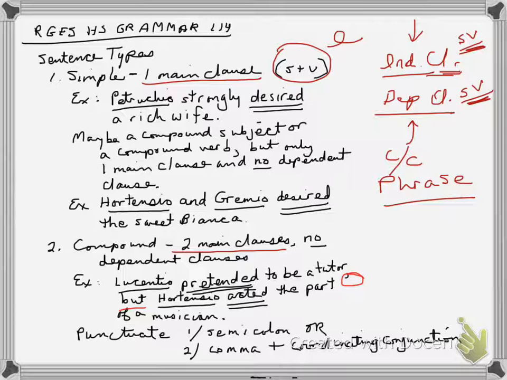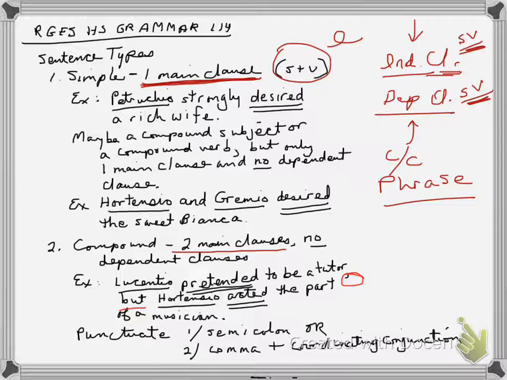So when you're defining a simple sentence, you want to think in terms of one main clause, and I will assume you can define what a clause is. I will ask you that as a separate thing, but for this definition of a simple sentence, just say it has only one main clause, and no dependent clauses. An example, Petruchio strongly desired a rich wife.